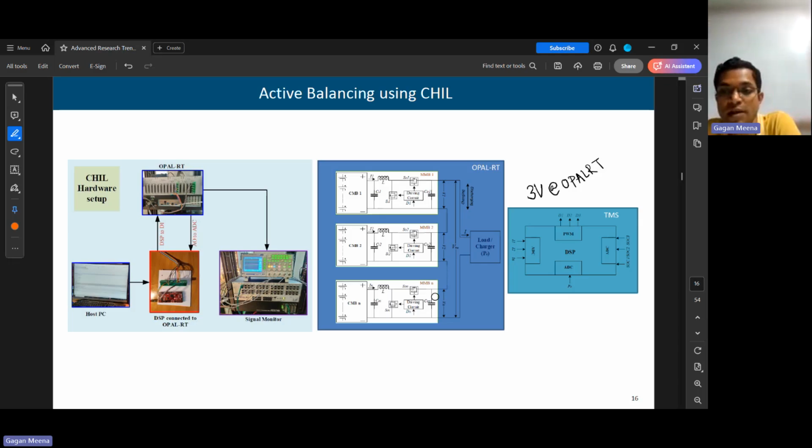The inputs for the DSP are I1, I2, IN, SOC1, SOC2, SOC3. The final D1, D2, D3 are not inputs. These are the final output of the PWM pulse generator.